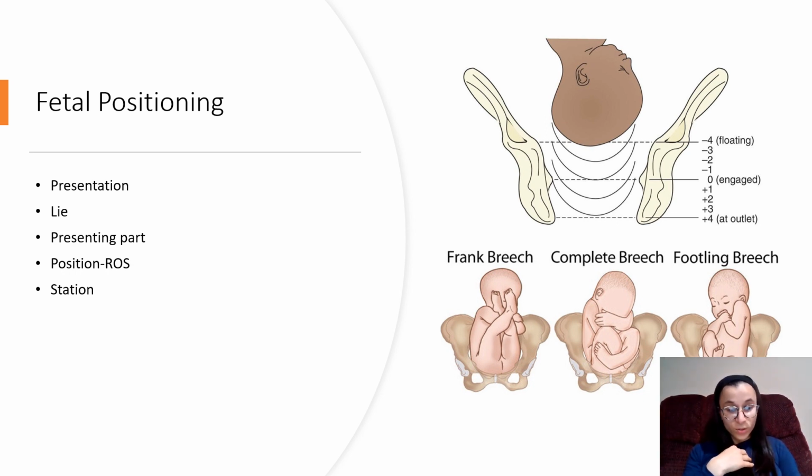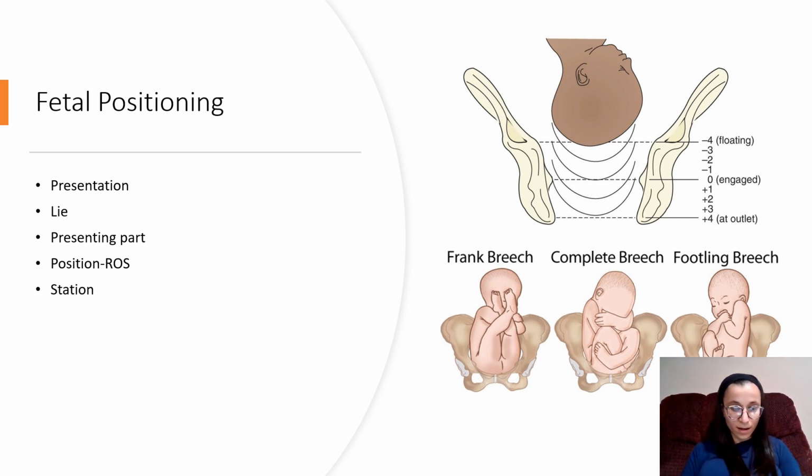You also have breech, which is when the butt is first in the vaginal canal. There are different types of breech, as you see over here. There's frank breech, which is basically the most common, where the baby's hips are flexed and knee joints are extended like this. Complete breech is where the baby's hips and knee joints are flexed, and a foot leans.